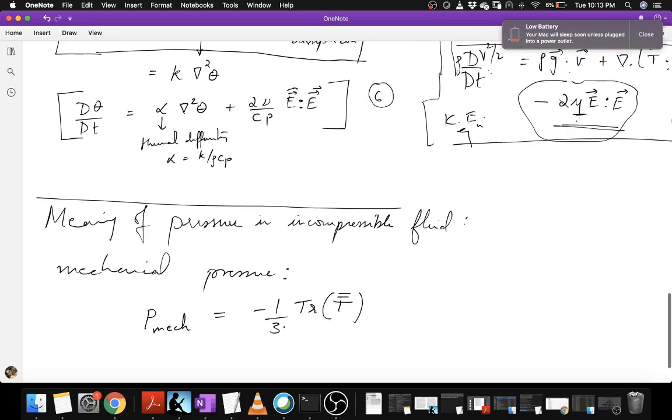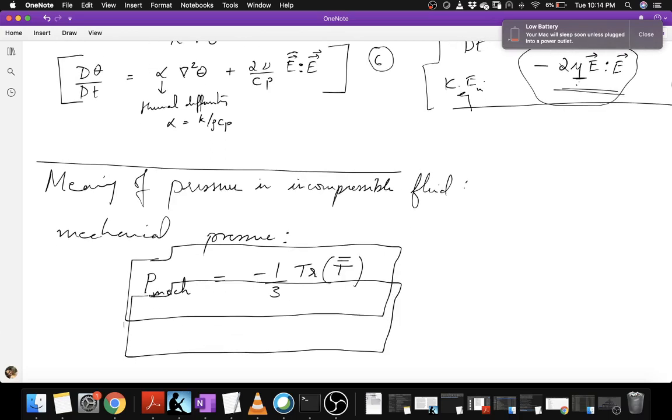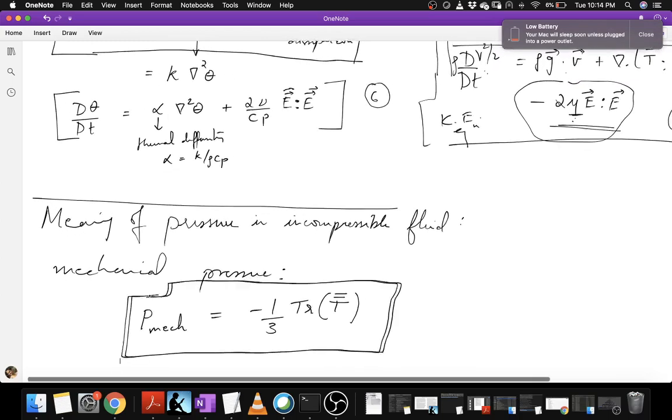So you see from this definition, and you can check that this definition is consistent with Newton's law of viscosity, or the linear Stokesian constitutive equation. And so what this means is that the mechanical pressure can be interpreted as some mean squeezing force at every point in the fluid, and it has a purely mechanical interpretation and is not related to thermodynamics.